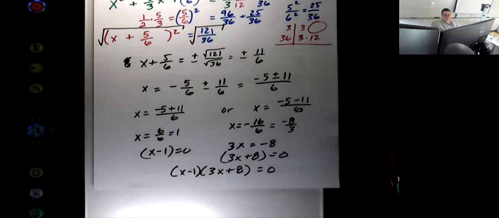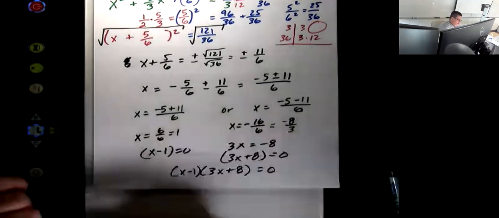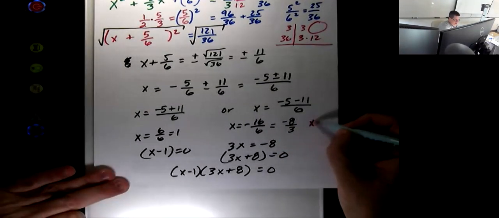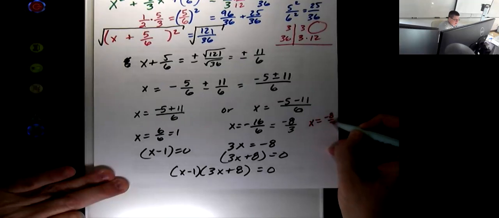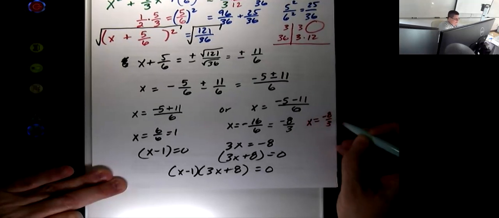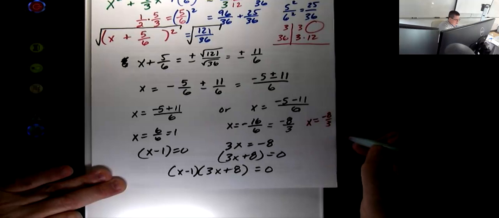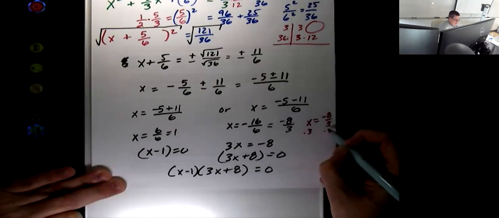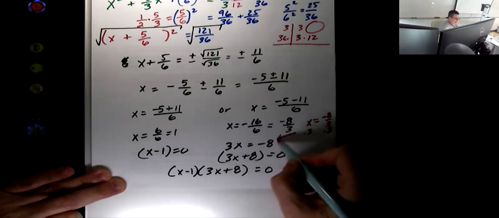Working backwards. This is actually a handy skill, working backwards. So you start with the solution. I had x equals -8/3. Clear the fractions first, so multiply both sides by 3. If you do, you get that.